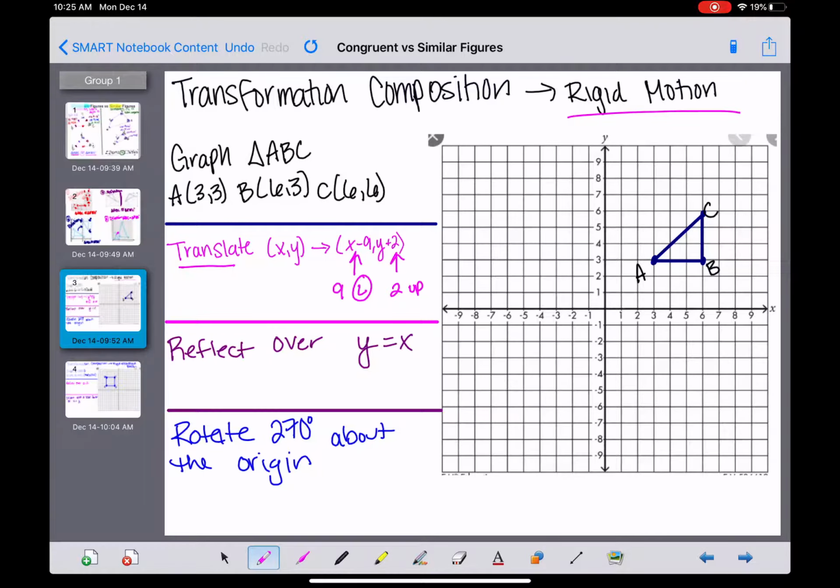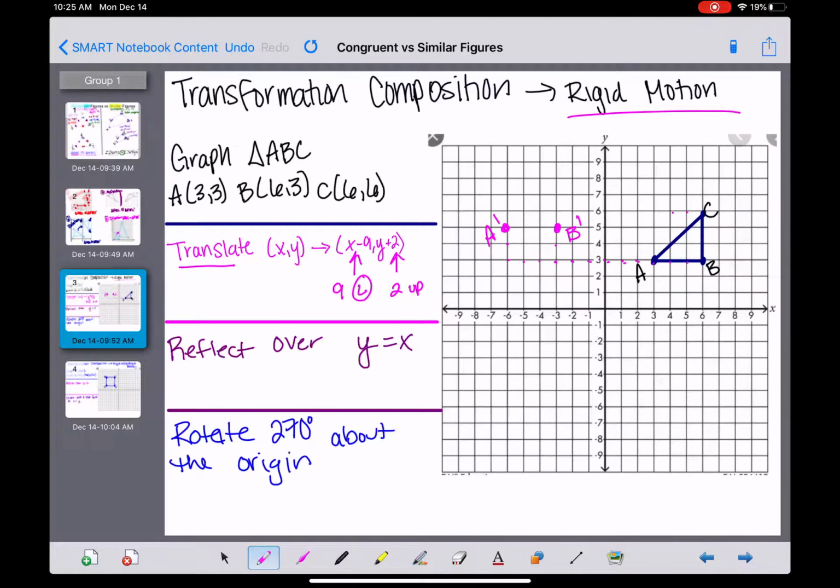So I'm going to take each of my coordinates and go 9 to the left, 1, 2, 3, 4, 5, 6, 7, 8, 9, 2 units up, and I'm going to make sure that I label it as A prime. I'm going to continue with B, 9 to the left, 2 up to get B prime.